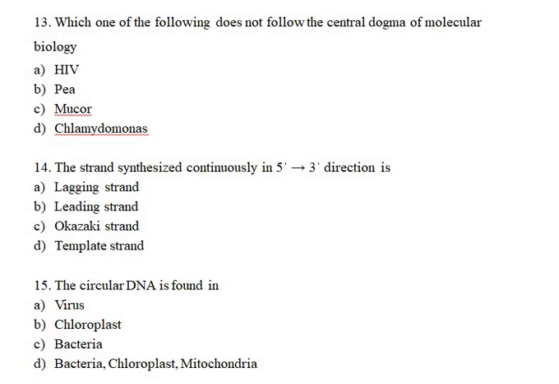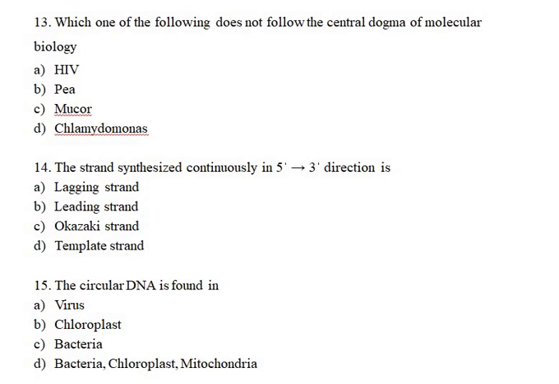So here the options they have given: A, HIV, B, Pea, C, Mucor, D, Chlamydomonas. HIV is a virus, pea is a plant, Mucor is a fungus, Chlamydomonas is an alga. So pea, Mucor and Chlamydomonas have the cell structure. HIV does not have the cell structure. It is a virus. A virus is mainly composed of only two components: a protein coat and one type of nucleic acid, which may be either DNA or RNA.